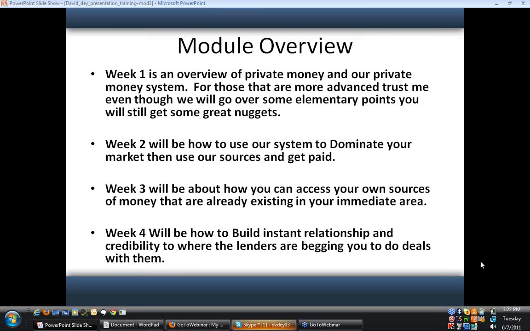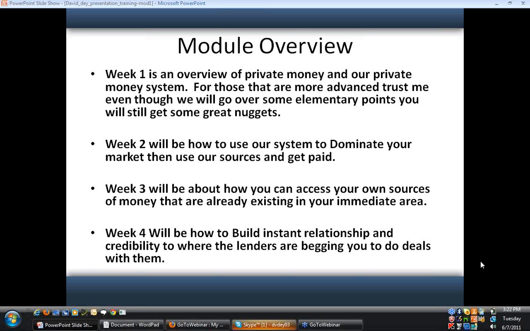What's my security and what's my return? And we'll be talking about that again in further detail so that you can absolutely build instant relationships to the point where you can start presenting deals practically immediately. If not on the first contact, you'll be able to do it by your second contact.